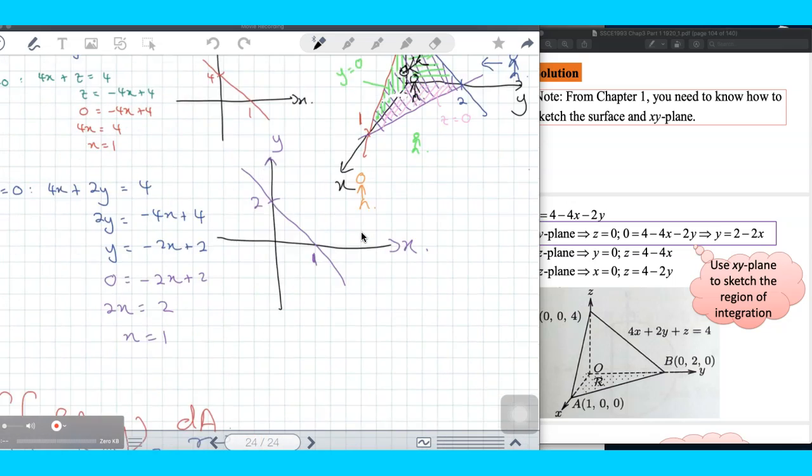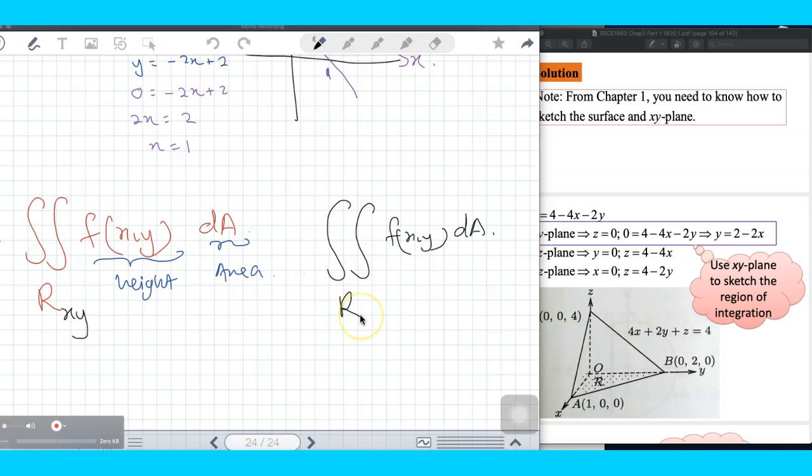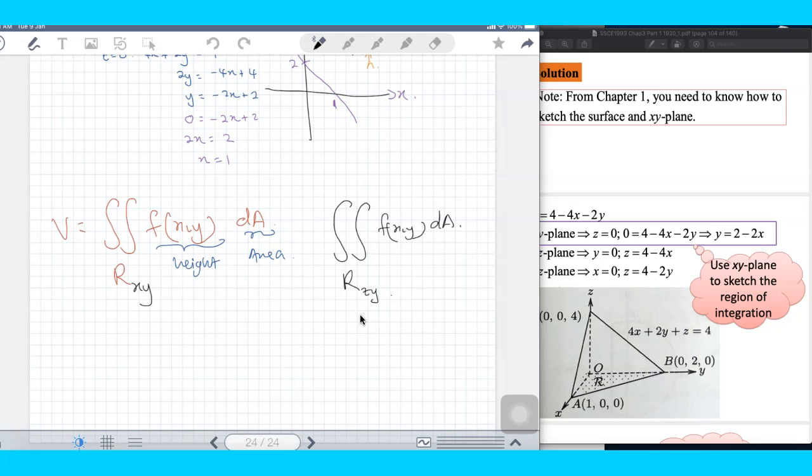Then you have to put your double integral like this, and you have to state that your region is on the ZY plane.